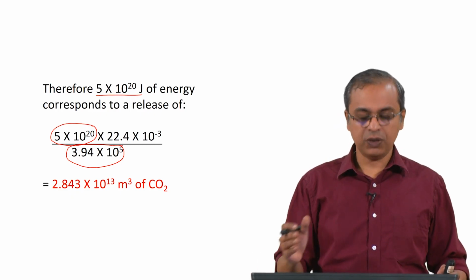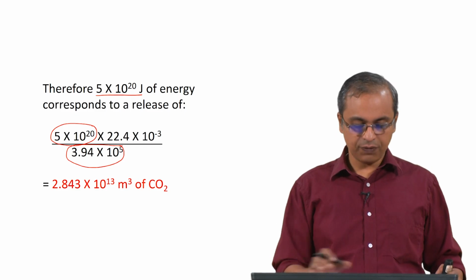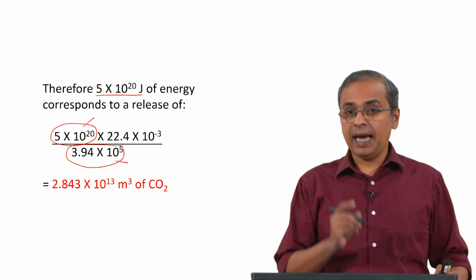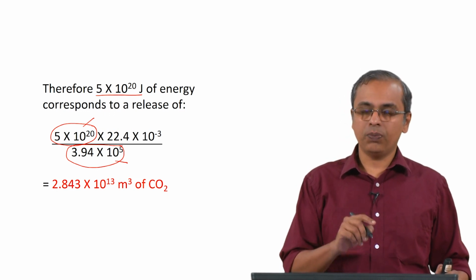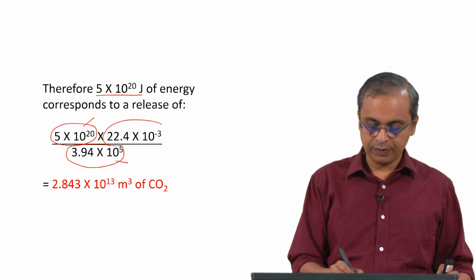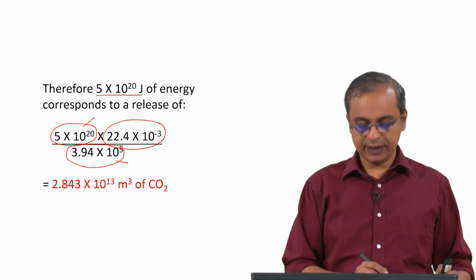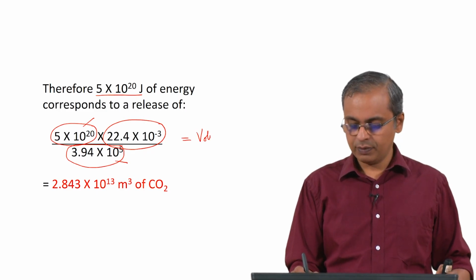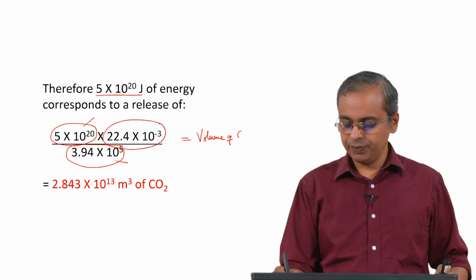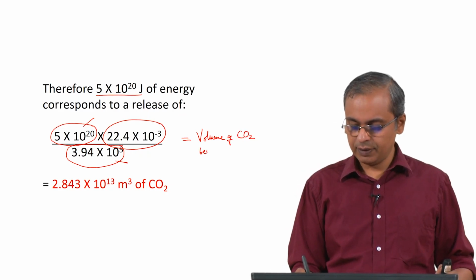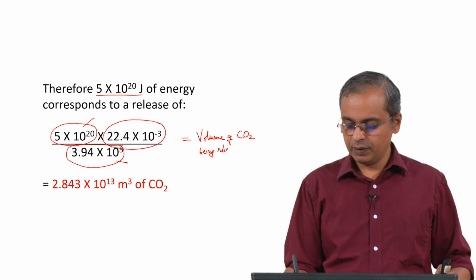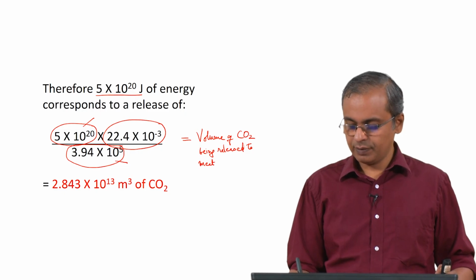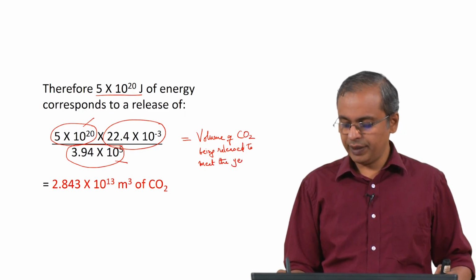You will get the total number of moles of CO2 released into the atmosphere as a result of the total energy that we are demanding from the system and the energy released per mole of CO2, and every mole of CO2 occupies 22.4 into 10 power minus 3 meter cube. Therefore, if you do this calculation, we will get the total volume of CO2 being released to meet the yearly energy requirement.